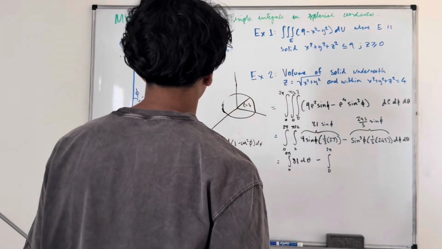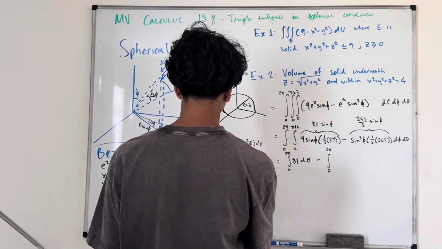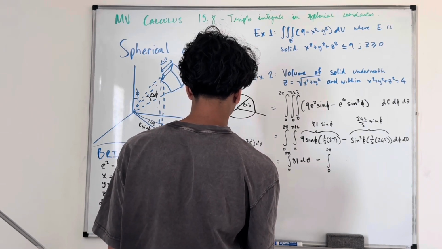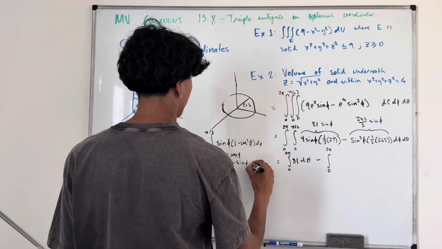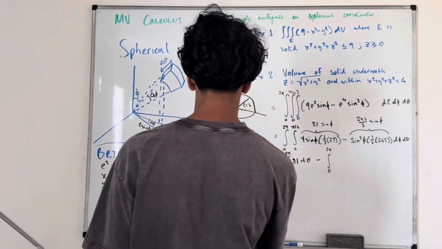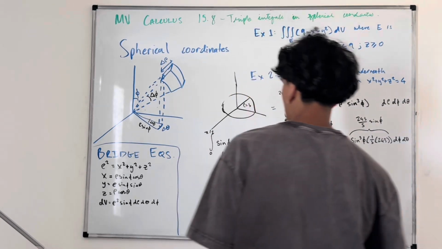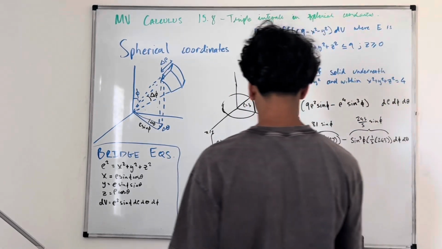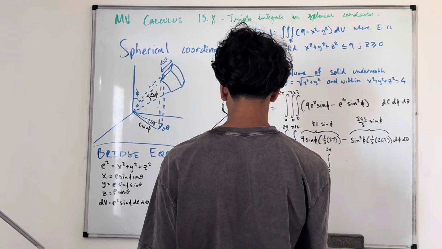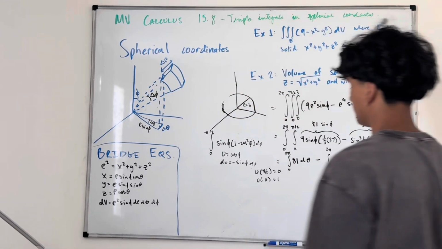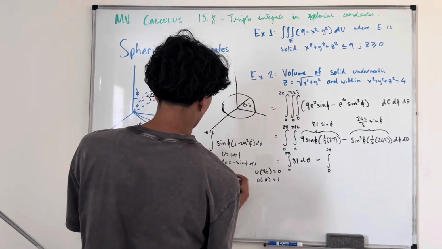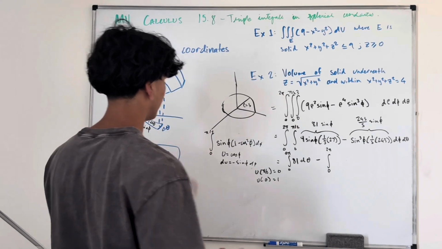All right, so now we can actually do u-substitution. We can say u is equal to cosine phi, so du is going to equal negative sine phi d phi. So I'll have to put a negative out here. u of pi over 2 is equal to 0, and u of 0 is equal to 1, because I'm just doing cosine of pi over 2 and cosine of 0.